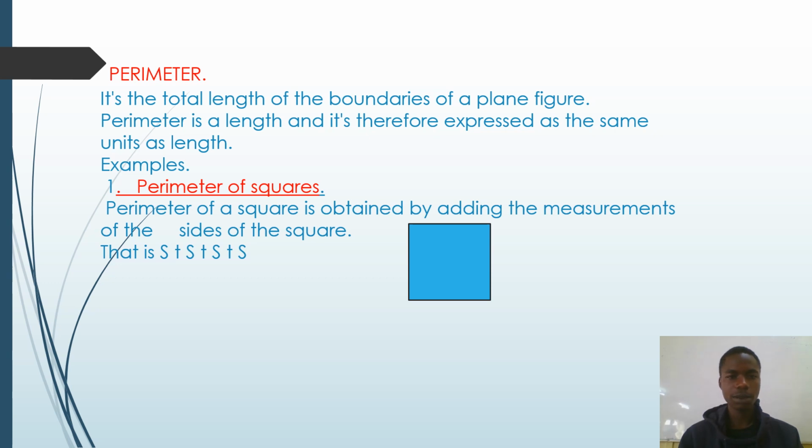Now we are going to talk about the perimeter of a square. The perimeter of a square, which has equal sides, is side 1 plus side 2 plus side 3 plus side 4.